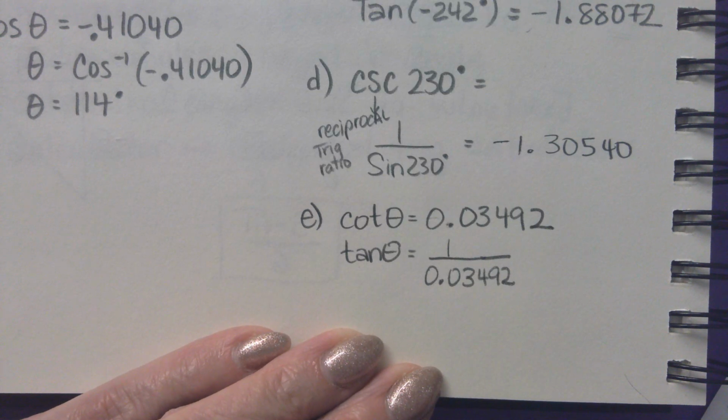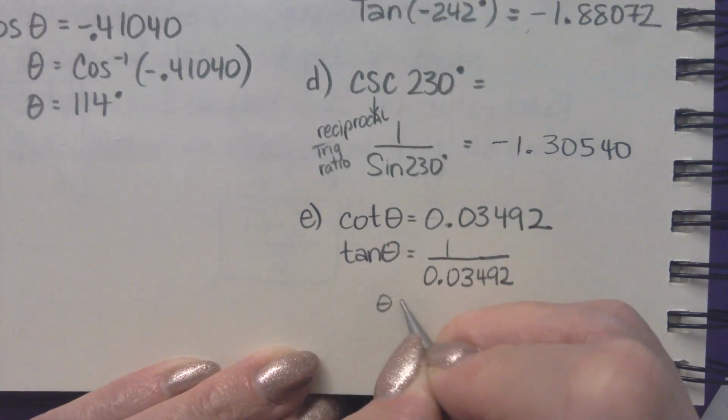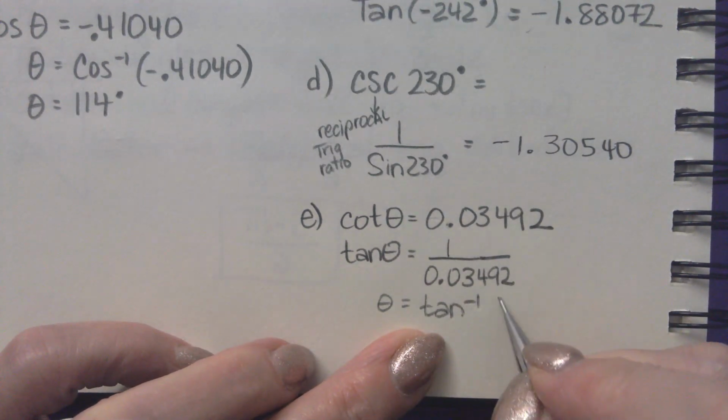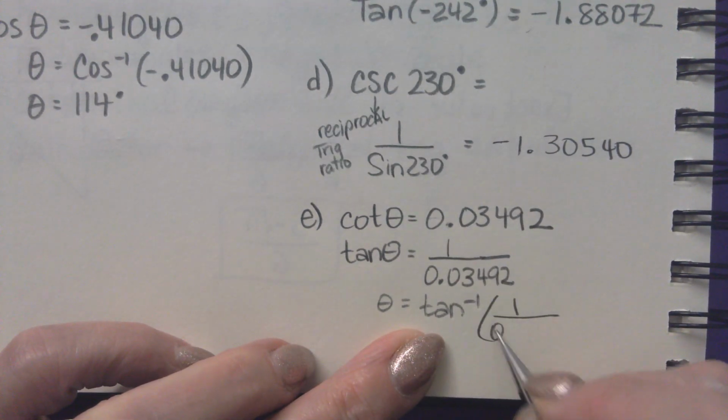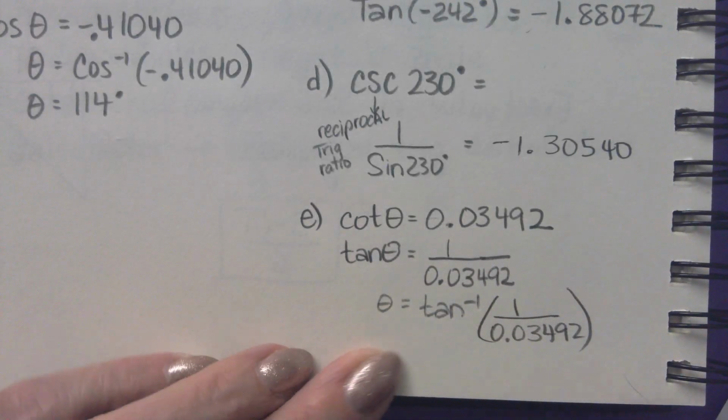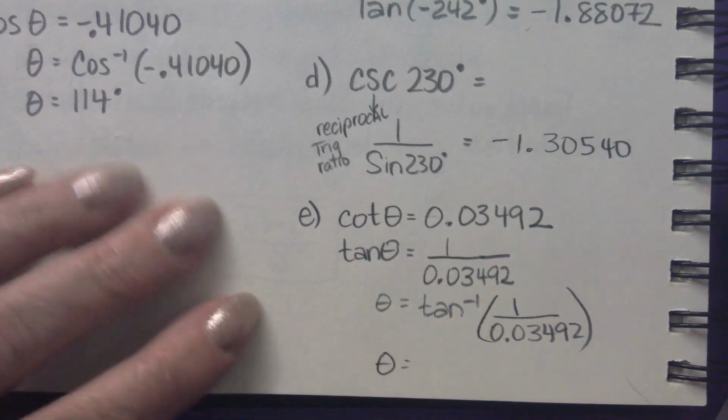That's the difference. Then I use tan to the negative 1 of 1 over 0.03492. And that will give me my angle.